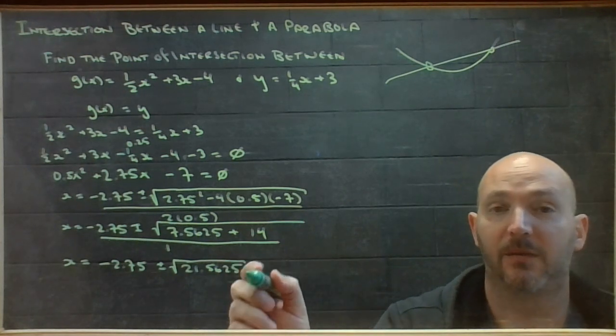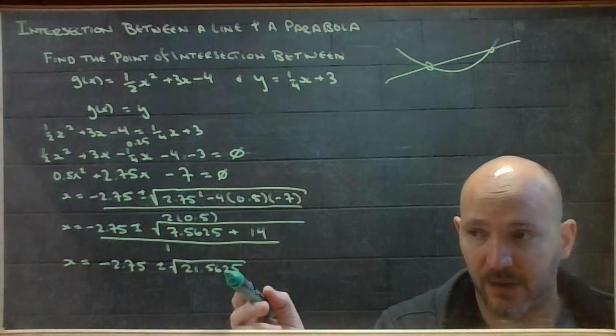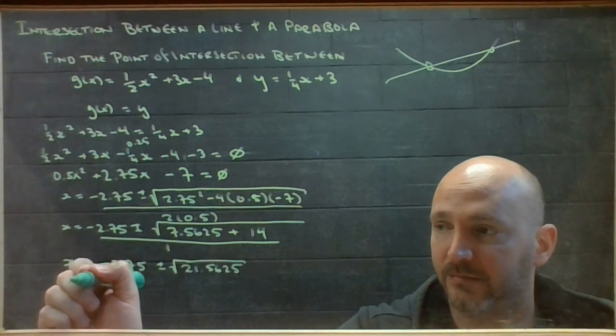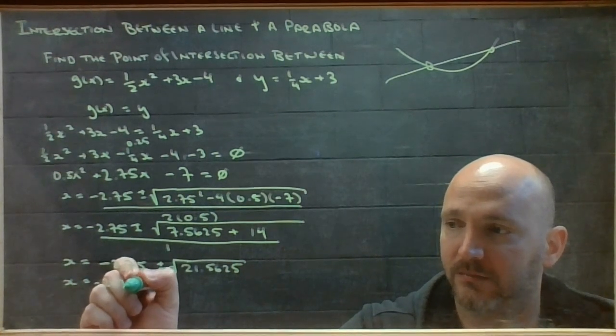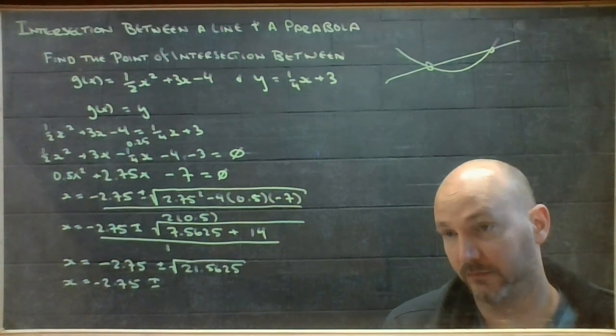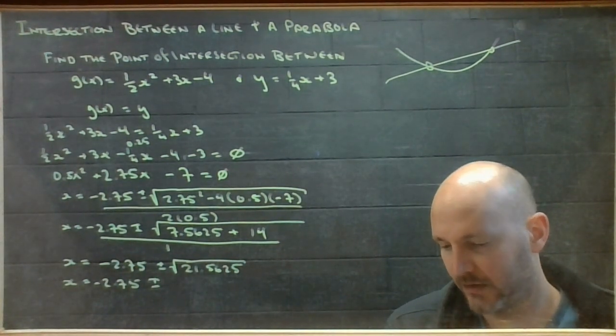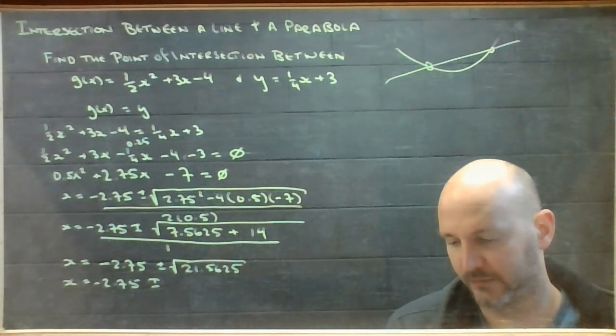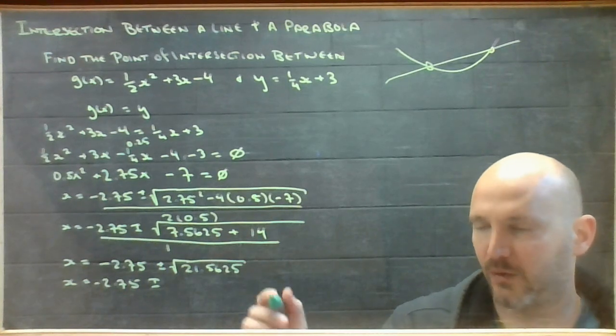Okay, so I'm going to square root this. It'll be 4.644 if I round.